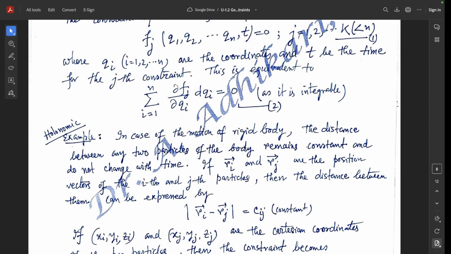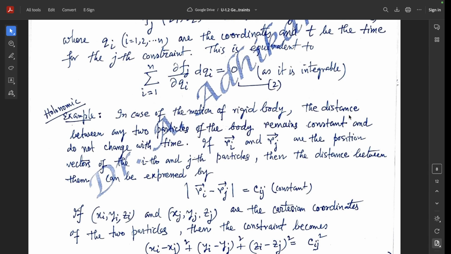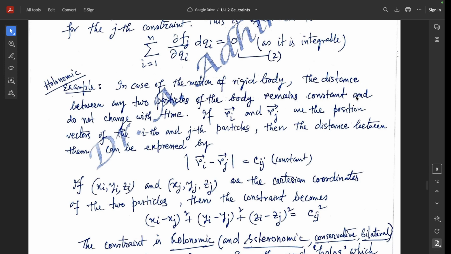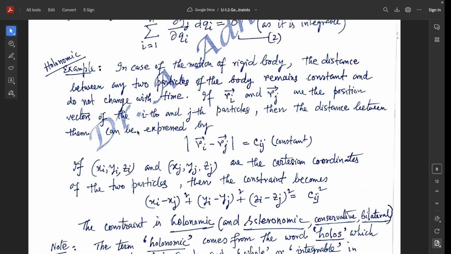Example: in the case of motion of a rigid body, the distance between any two particles of the body remains constant and does not change with time. If Ri vector and Rj vector are the position vectors of the ith and jth particles, then the distance between them can be expressed by the modulus of Ri vector minus Rj vector equal to Cij, which is a constant.